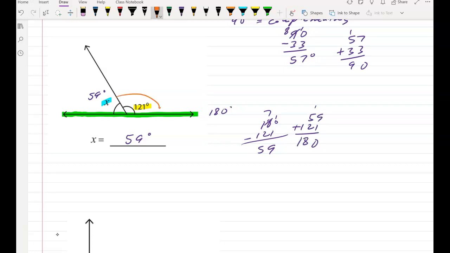So this angle plus this angle equal 180 degrees, and they are supplementary.